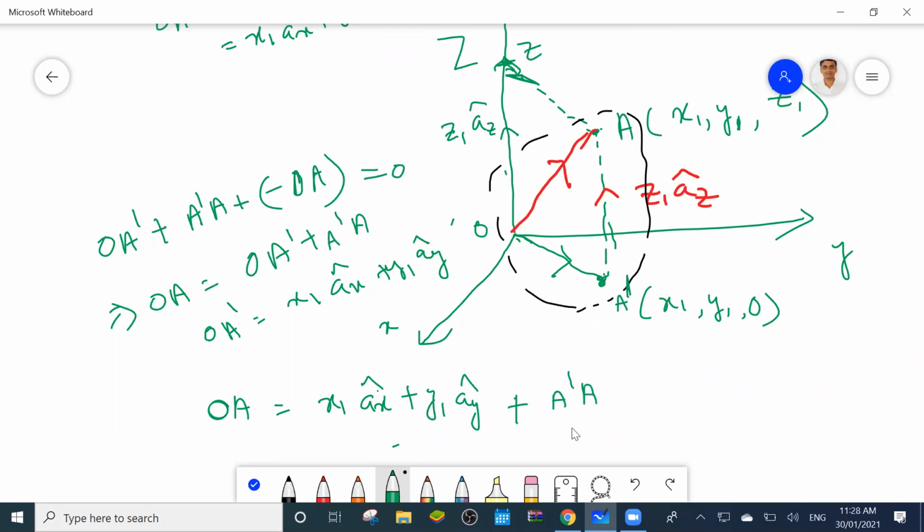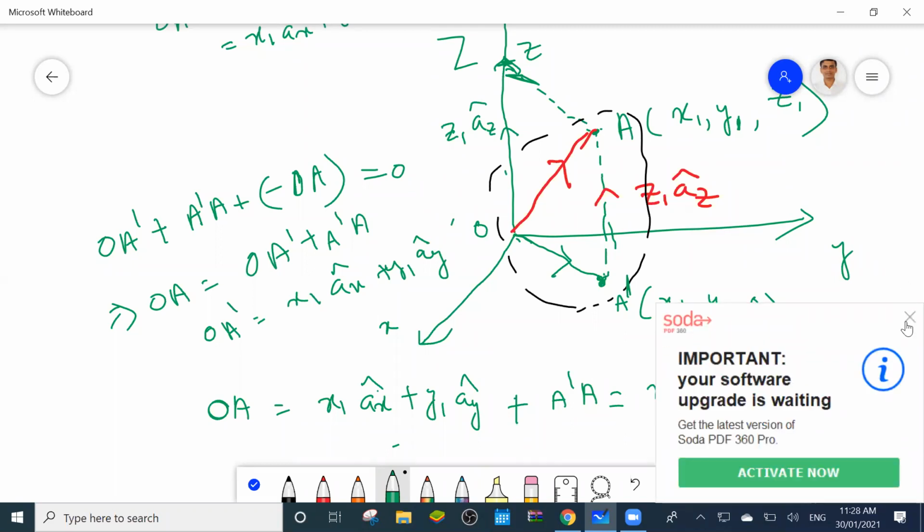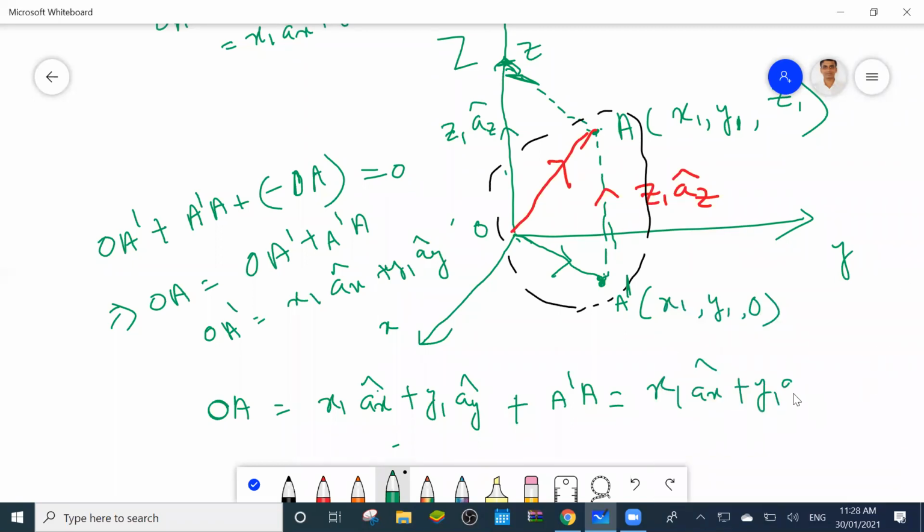A dash A is Z1 A cap Z. So X1 X cap plus Y1 AY cap plus Z1 AZ. Because the point is X1, Y1, Z1, the position vector will be X1 X cap plus Y1 AY cap plus Z1 AZ cap.